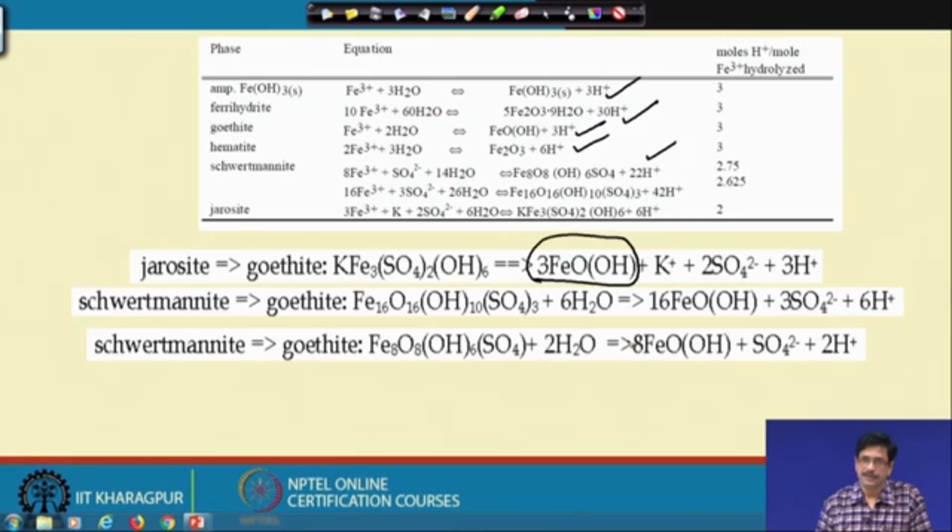So, the diagram that we saw before in the EH-pH diagram, the stability, we can understand that these minerals like jarosite and swartmanite with increasing pH get changed over to iron hydroxide phases.